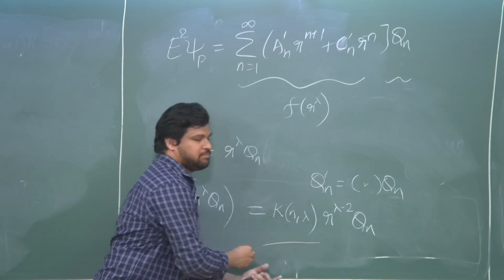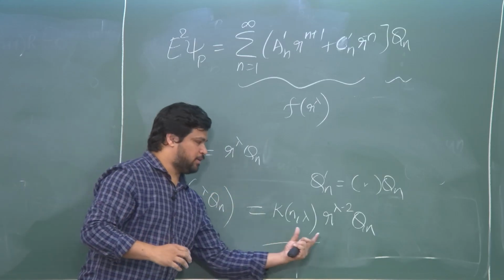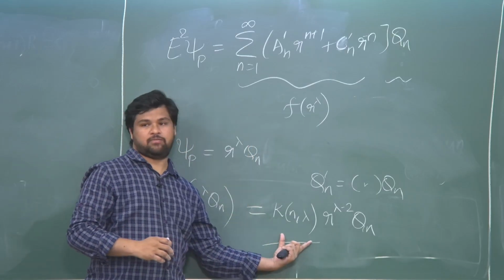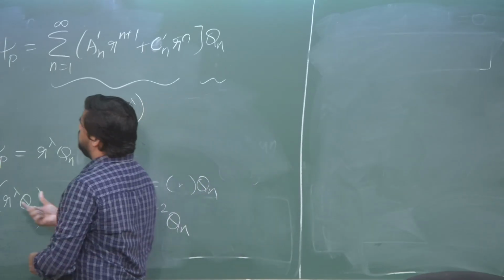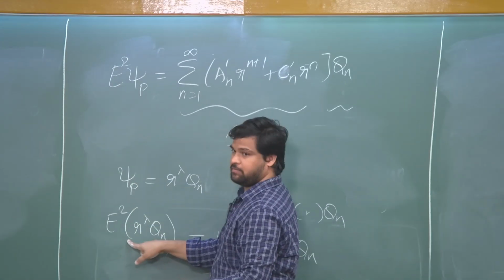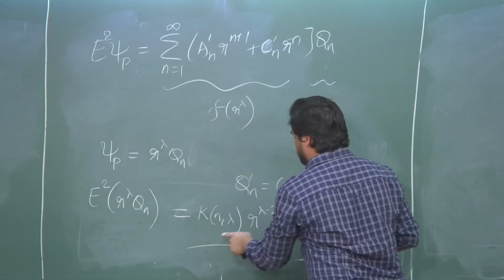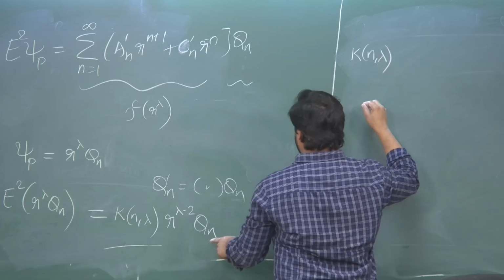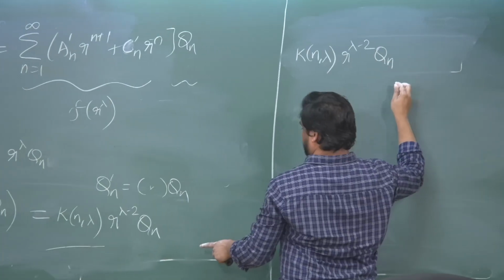This can be written in simple form, as some constant in terms of n and lambda. If you substitute everything, you can take these two terms as common, and whatever is left will be kn of lambda. Okay. This should satisfy the right hand side, right? Whatever this is, that is your left hand side, and it should equate to your right hand side. So, this kn lambda r lambda minus 2 Qn.